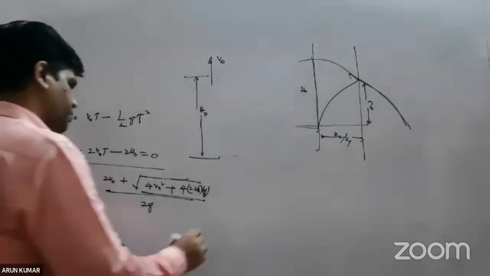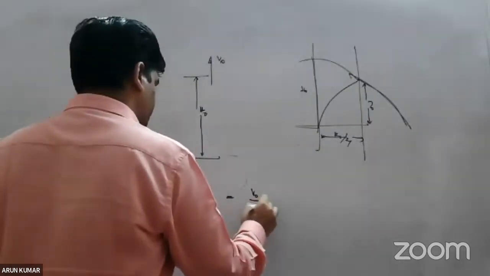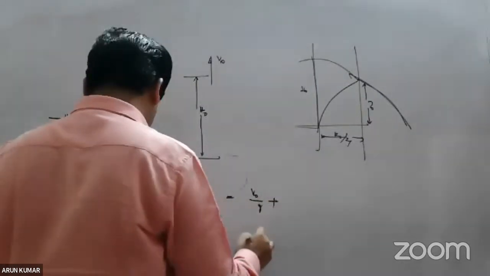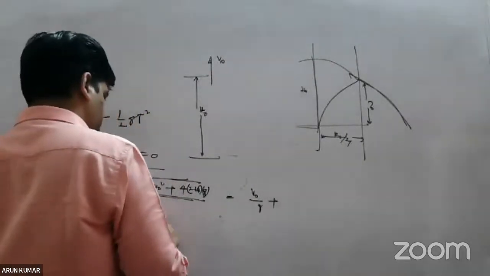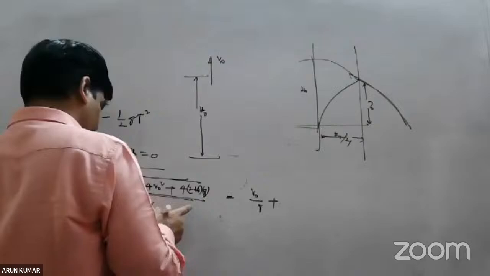So I'll write this further, v naught by g plus v naught square.